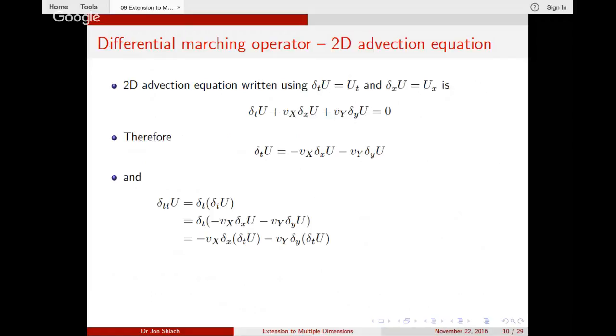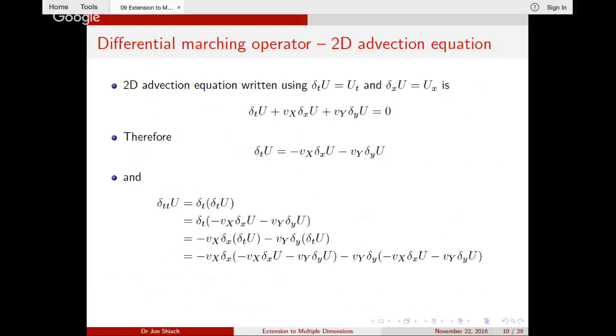We can also switch the orders of the derivatives. It doesn't matter whether you differentiate with respect to x or with respect to t first, and likewise with y. This bracket is the same as that bracket, so we're just going to insert that right-hand side.